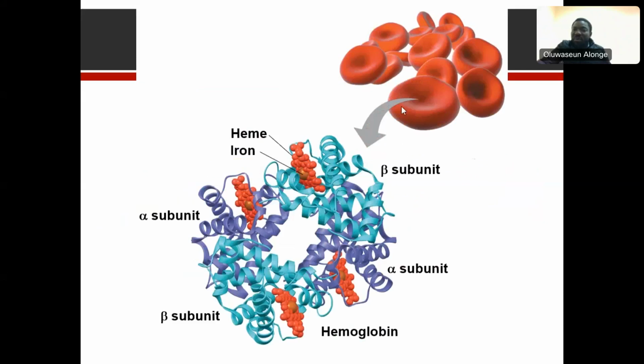Now, this is the protein hemoglobin that carries oxygen for you to get oxygen supply in your blood. All right. Now you see it is a four-unit protein, and the shape determines the function. That's why if anything happens to this shape, the protein will not be able to carry enough oxygen, which is what we call sickle cell anemia. Anemia simply means deficiency of oxygen, which is what you notice here.